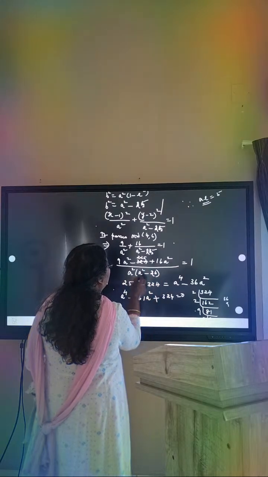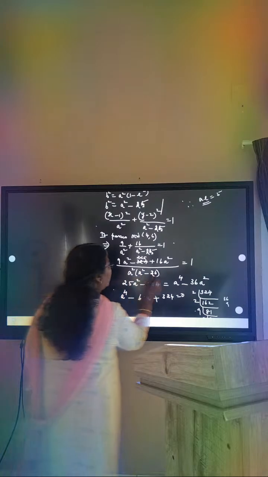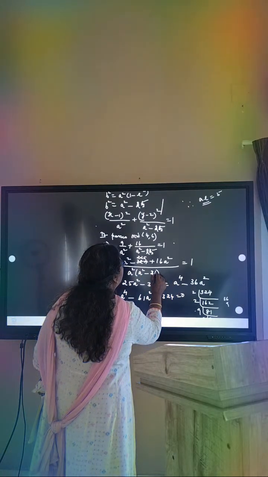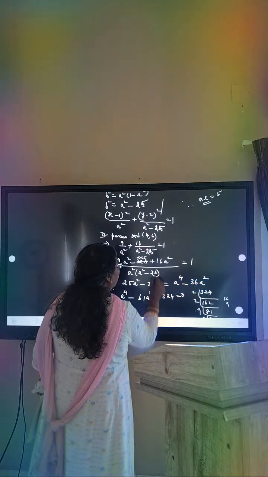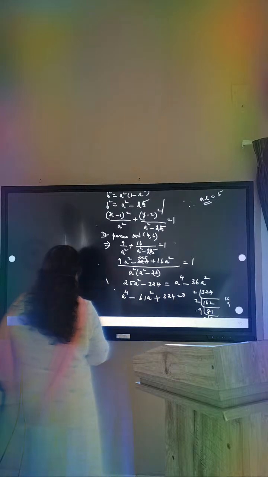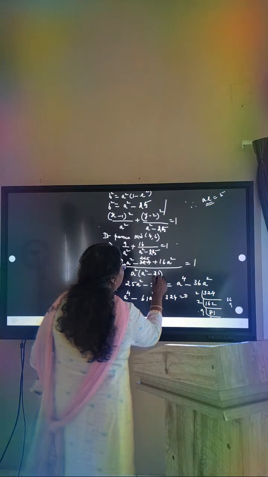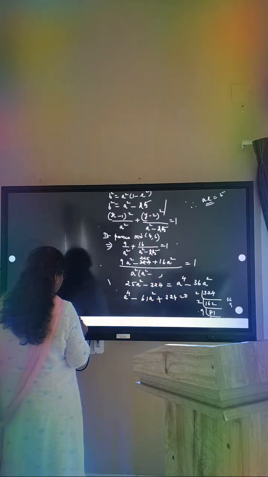Okay, so 9 plus 16 is 25. Okay, that is correct. And then here it is a to the power 4 minus 25, and this is 25. It's not 26, it's 25.